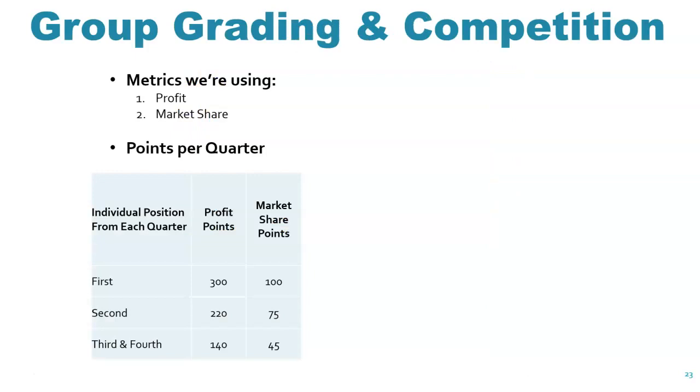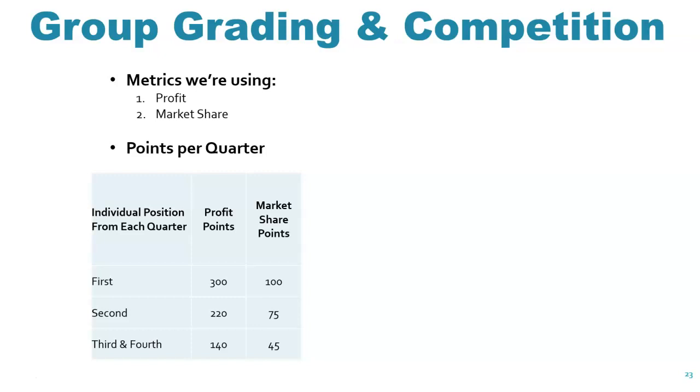So how do grading and competition work? Well, the metrics we're going to use are profit and market share. Whatever your individual group position is each quarter determines how many profit points and how many market share points you get. If you're in industry 1, this would be the breakdown for first, second, and third, and fourth place get the same amount of points.